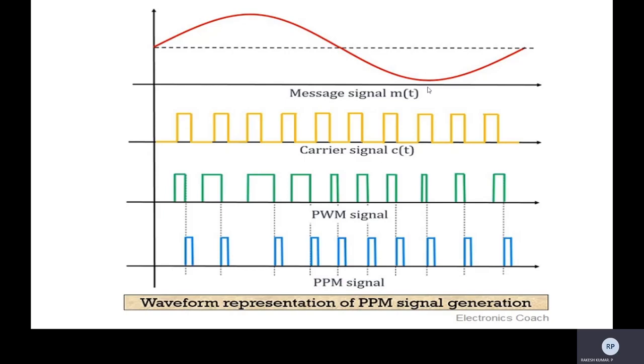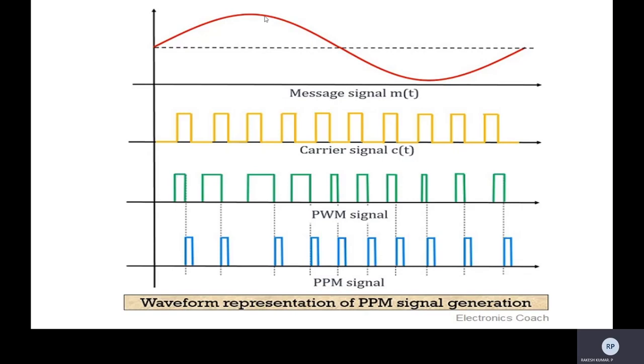Here you have very little amplitude, so the pulse width is also very little. So as the amplitude is increasing, the pulse width is also increasing.